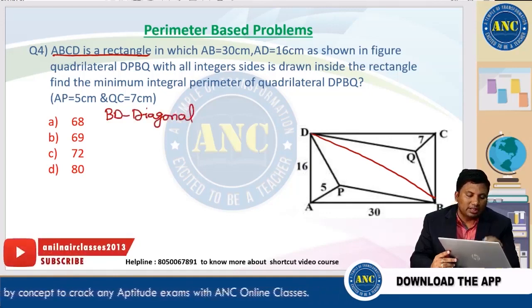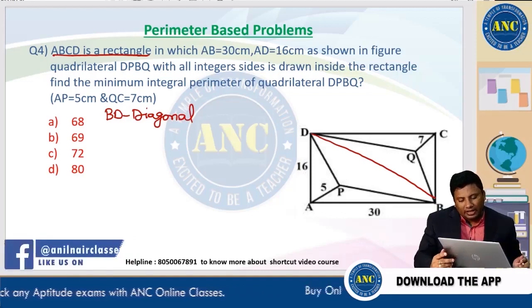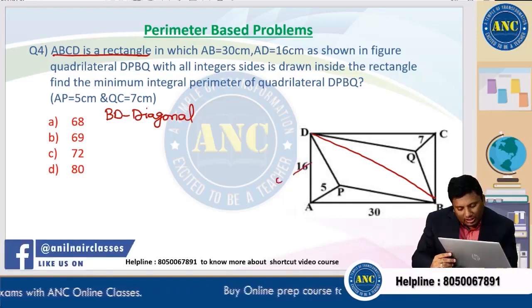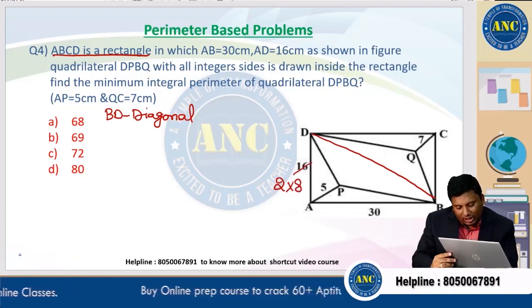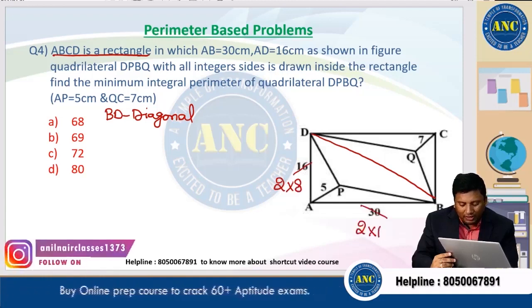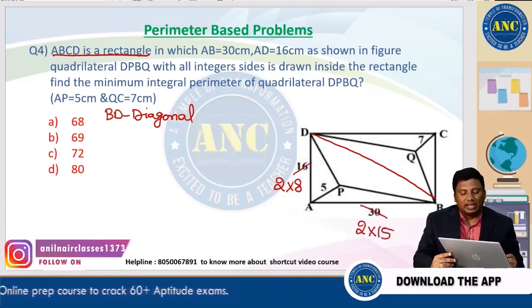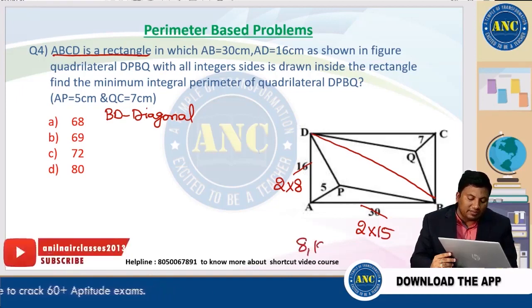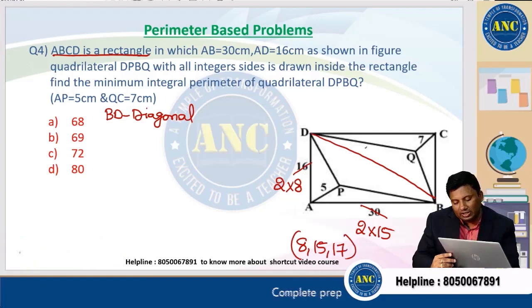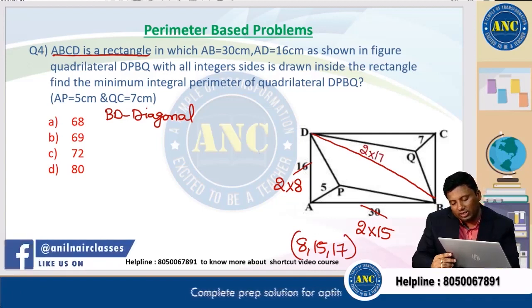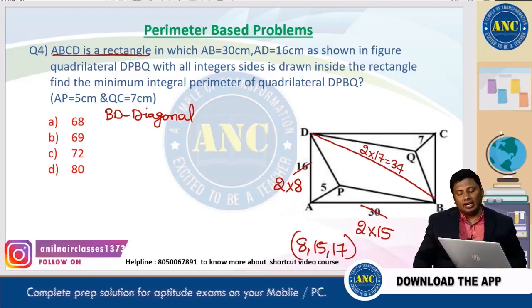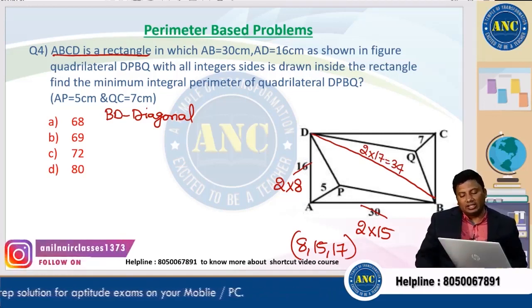Two 8s are 16, two 15s are 30. Yesterday we discussed that 8, 15, 17 is a Pythagorean triplet. So this will become two 17s, which is 34. So the rectangle's diagonal value we got is 34.